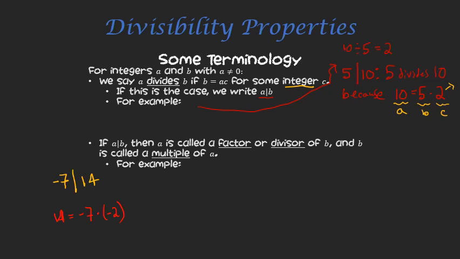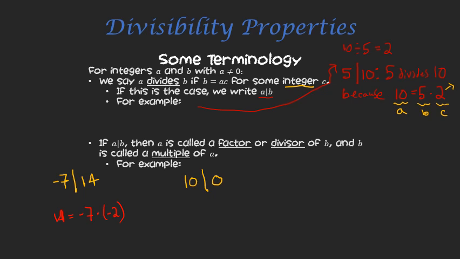Let's take a look at a weird one. I say it's a little bit weird, but it's actually helpful. This next example is actually helpful to understand this terminology. Let's say 10 divides 0. So is this true? Does 10 divide 0? Remember what that means for 10 to divide 0.